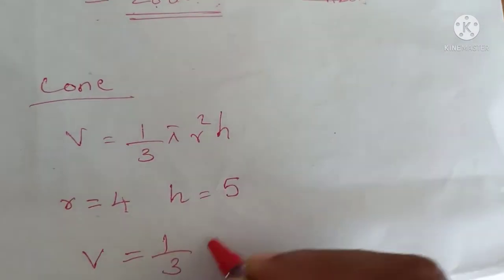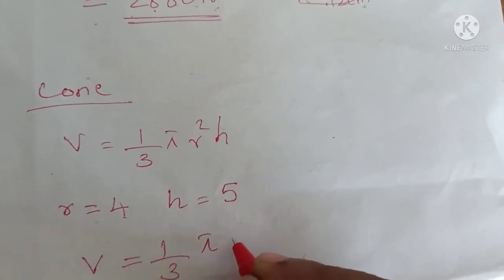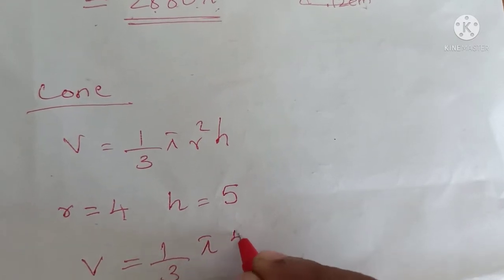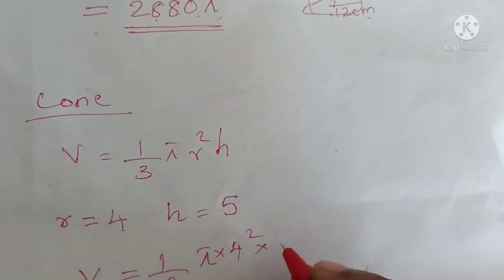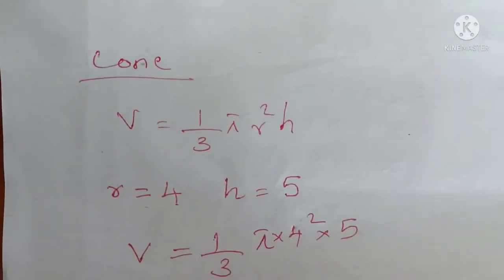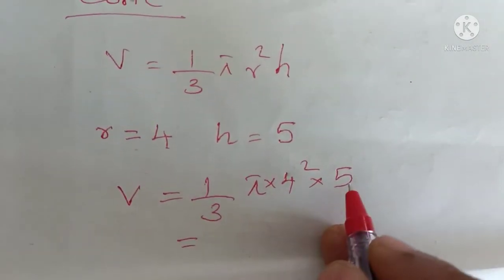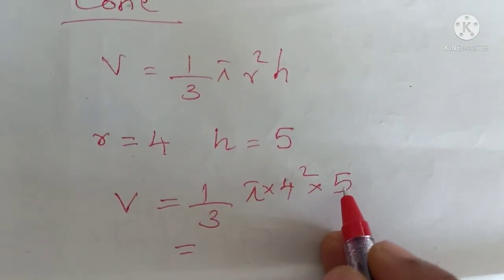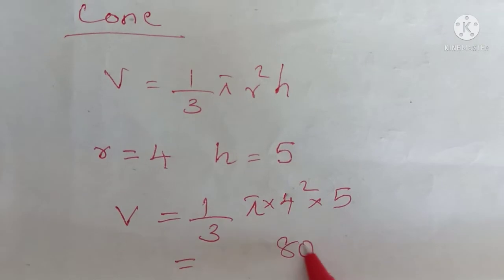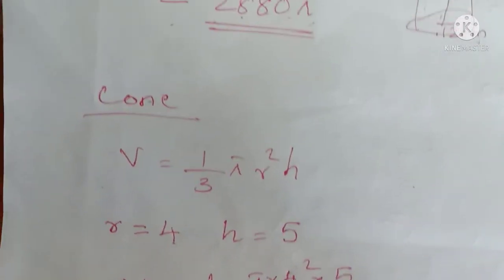Then what about the volume of one cone? That is 1/3 pi into r square, 4 square, into h, 5. So that is 16 into 5, which is 80 pi by 3.